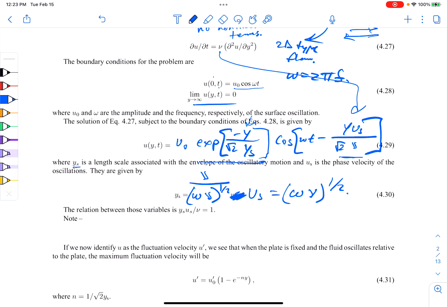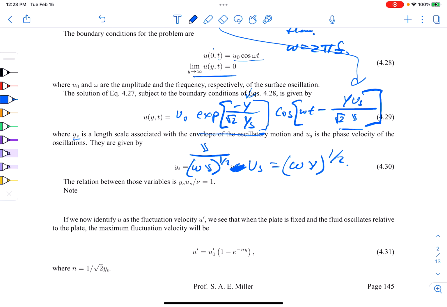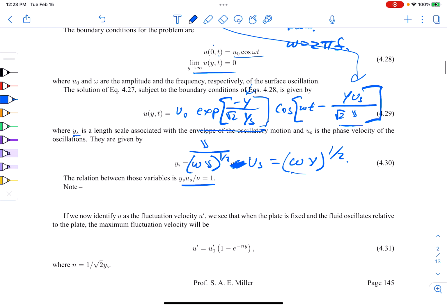So that's just substitutions. Now you'll see we have common factors in the form of YS and US, and they're actually related by this particular equation.